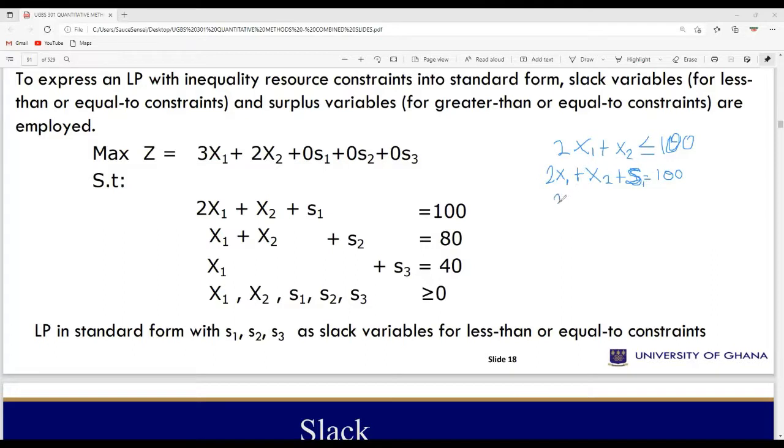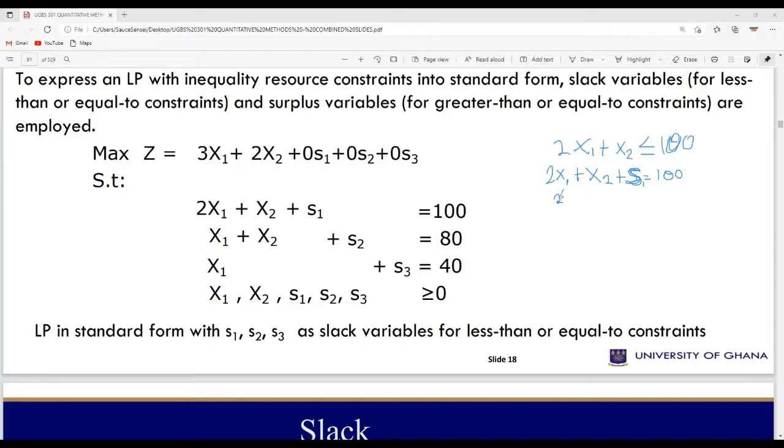The slack and the surplus don't have an effect on your expression. You get it?